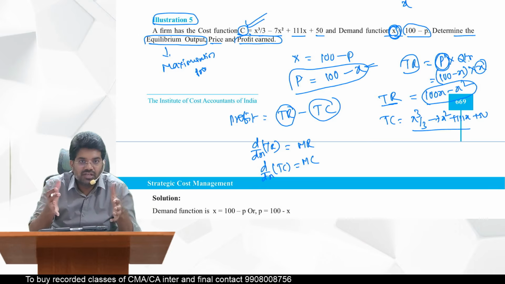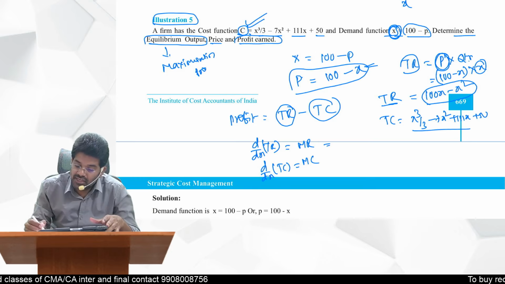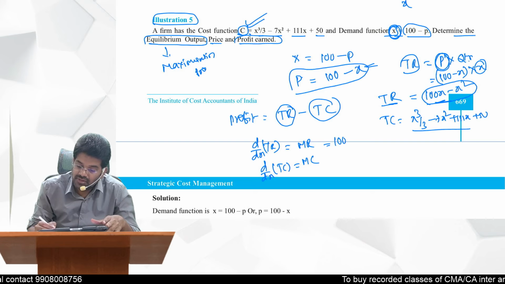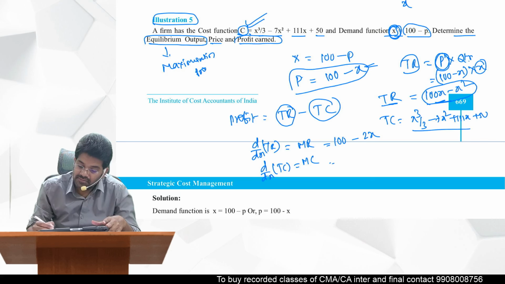Compare these two, then you will get x value. So I am doing d by dx of TR with respect to x. How much am I getting? 100x gives 100 minus 2x. This is MR.